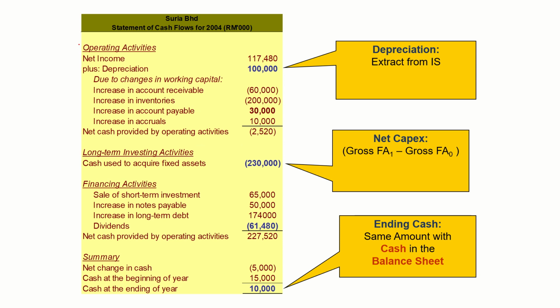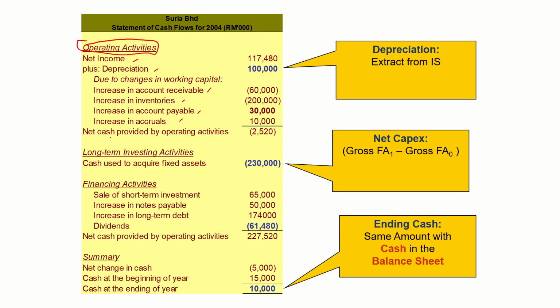It starts from the operating activities. What is in operating activities? Net income plus depreciation, and then increase in account receivable, increase in inventories, and so on.